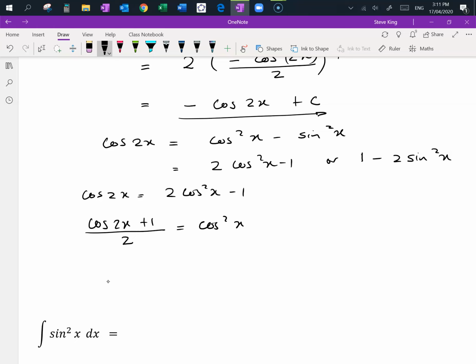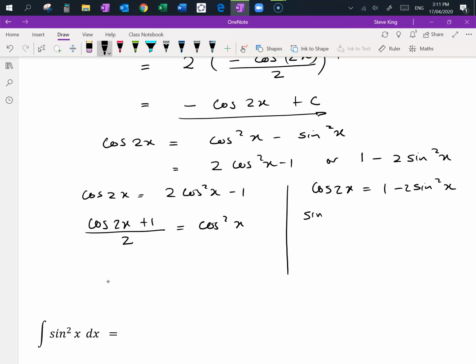Or if I take a look at the other option that I had over here, I've got that cos 2x is equal to 1 minus 2 sine squared x.